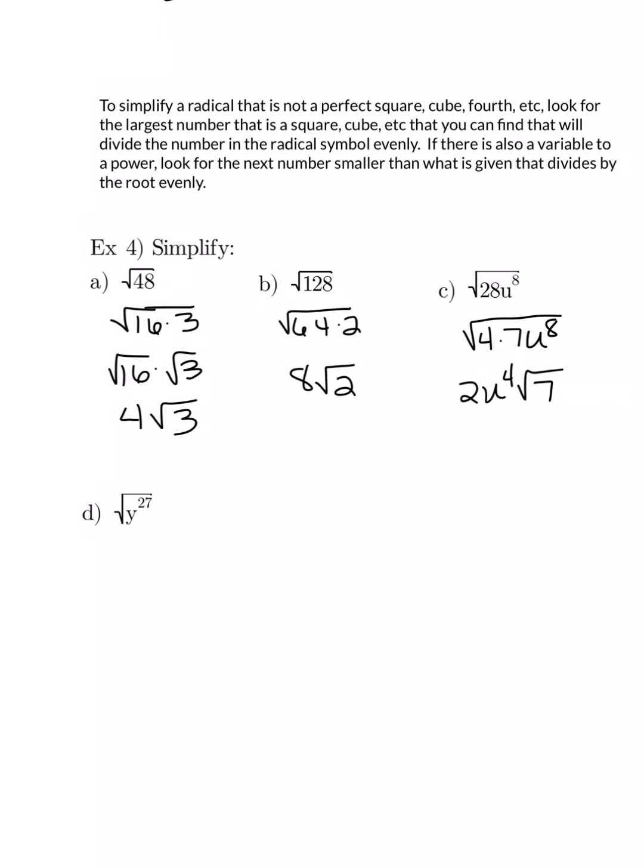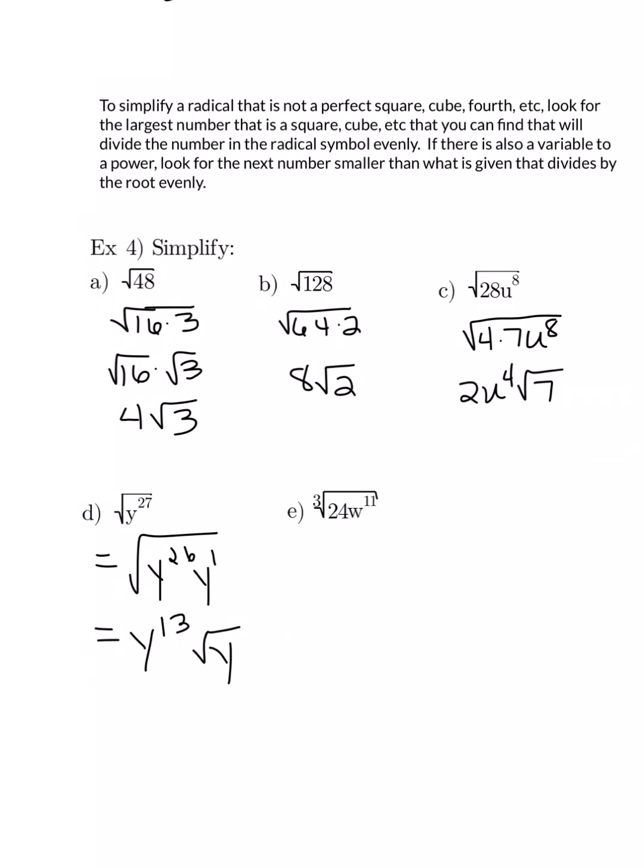So we would break y to the 27th into y to the 26th times y to the 1st. Now do the division for the one that you can. Take 26 divided by 2, then it comes outside y to the 13th. We can't do anything with the y to the 1st, so it stays inside as the square root of y.